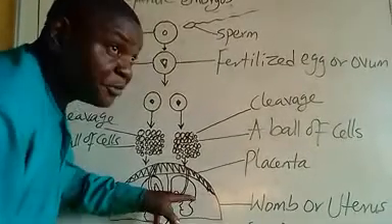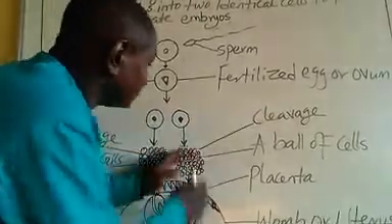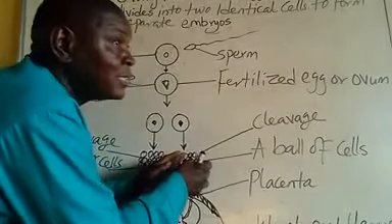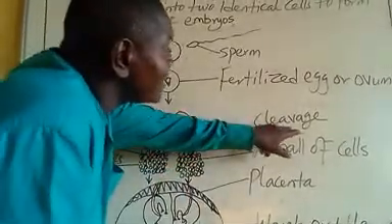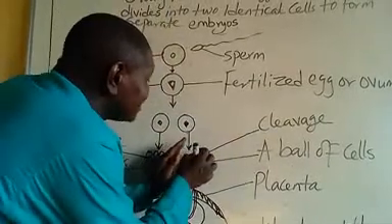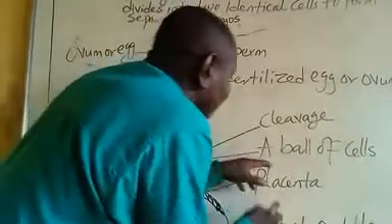Look at the baby, look at the fetus. This development is called cleavage, the splitting of the original cell into smaller cells, and all these smaller cells are referred to as a ball of cells.